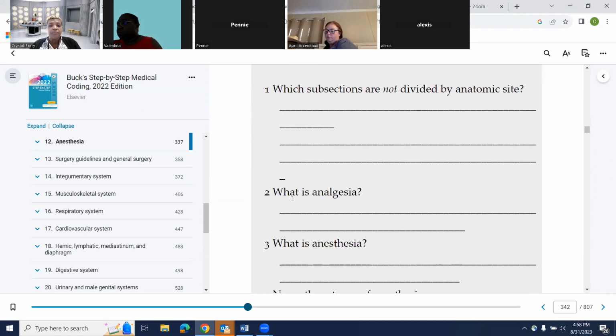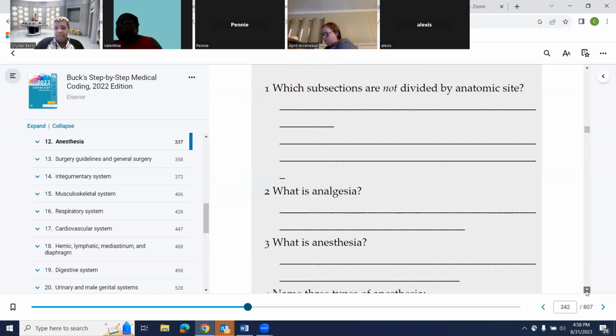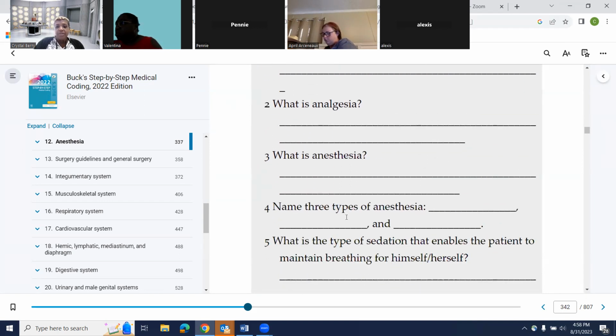Then it states, what is analgesia? We have that. What is anesthesia? We went through that. Name three types of anesthesia. We went through that. And what is the type of sedation that enables the patient to maintain breathing for himself or herself? Can anybody give me that answer?